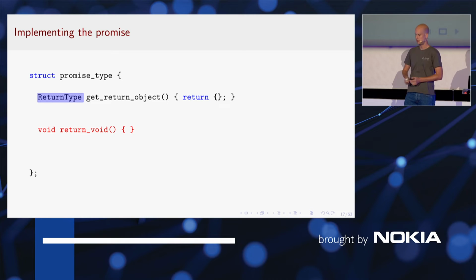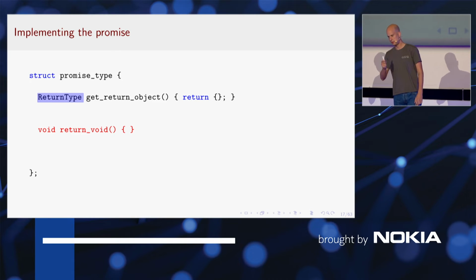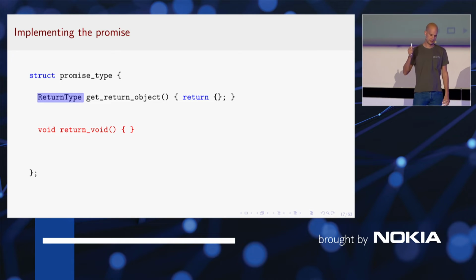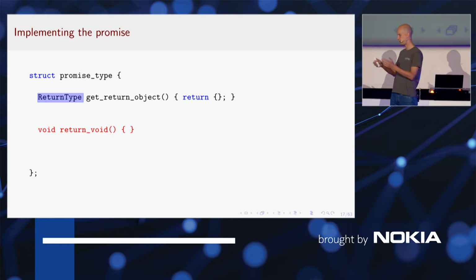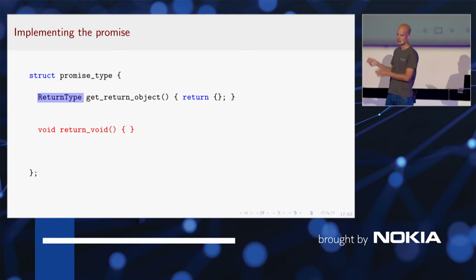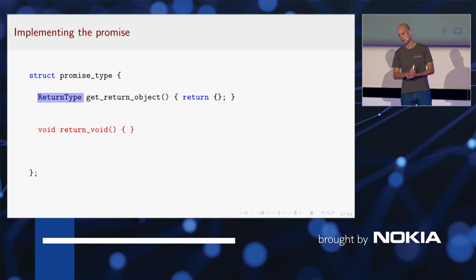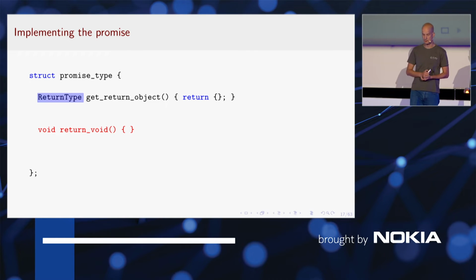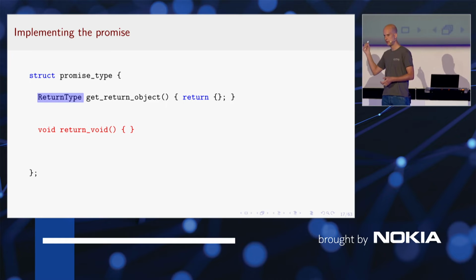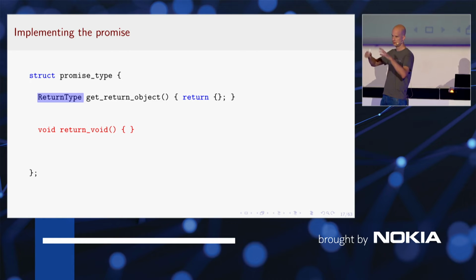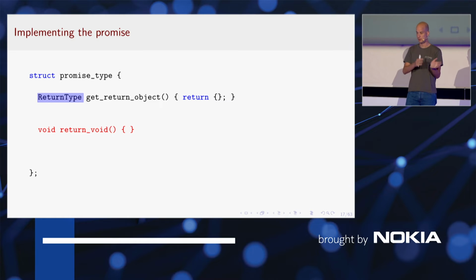So this is the return type from earlier. The other thing that we need to provide is a function that determines how we handle return from the function. So we can either return a value or we can return void. In my simple example, I return void, so I need to provide the return_void function. If you return a value, if you have a co_return 42 in your function, then you need to provide the corresponding return_value function.